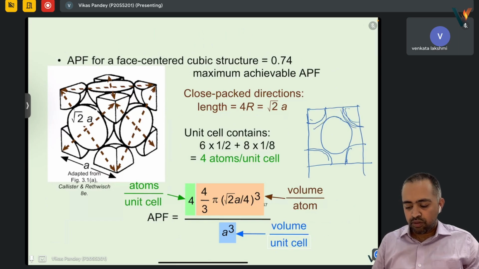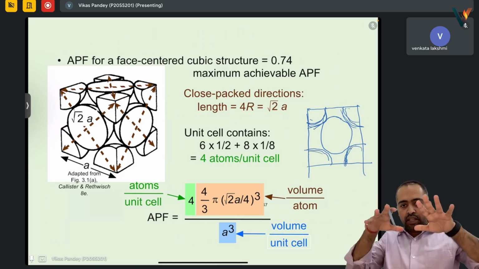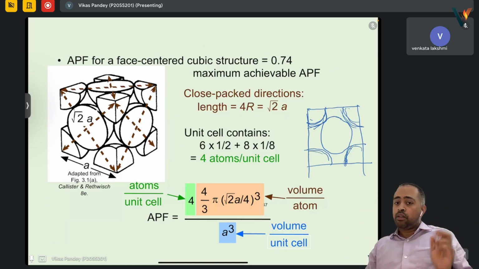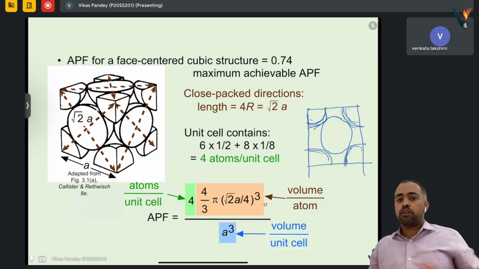So the top surface, the atoms will look like this for a lattice. Same if you see for the 1 1 0 plane.